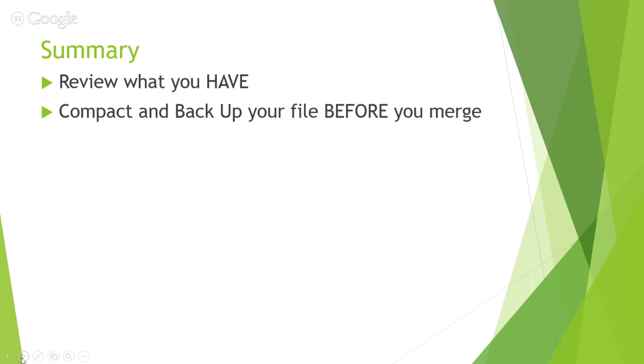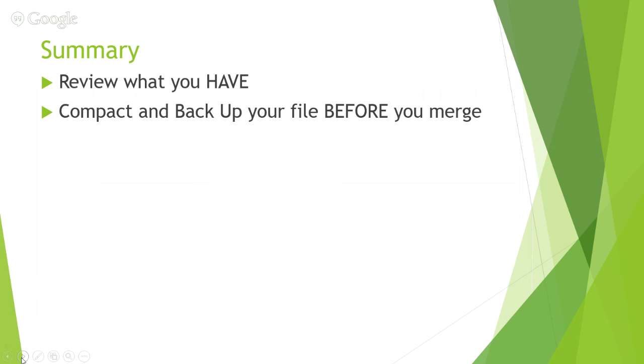So in summary, review what you have. Look at the screen, look at the person that you're going to merge, and review what you have. Back up and compact your file before you do a merge. If something happens, you can fall back.